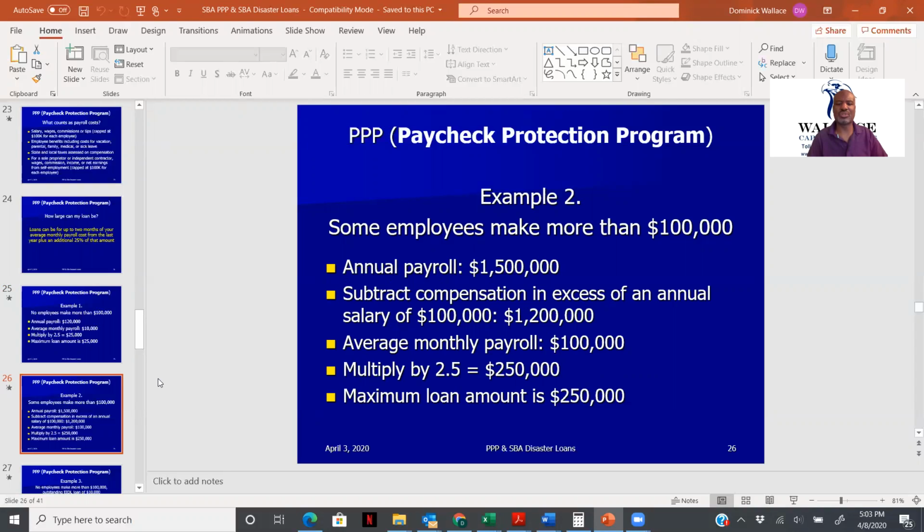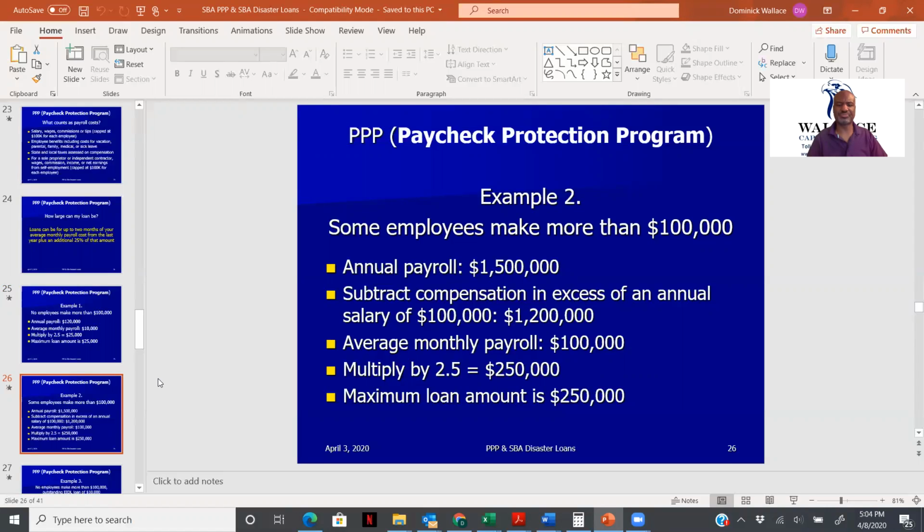You would then subtract the compensation above $100,000 per person. So if you pay one person $120,000, you subtract $20,000. In this case, it was $300,000 total.